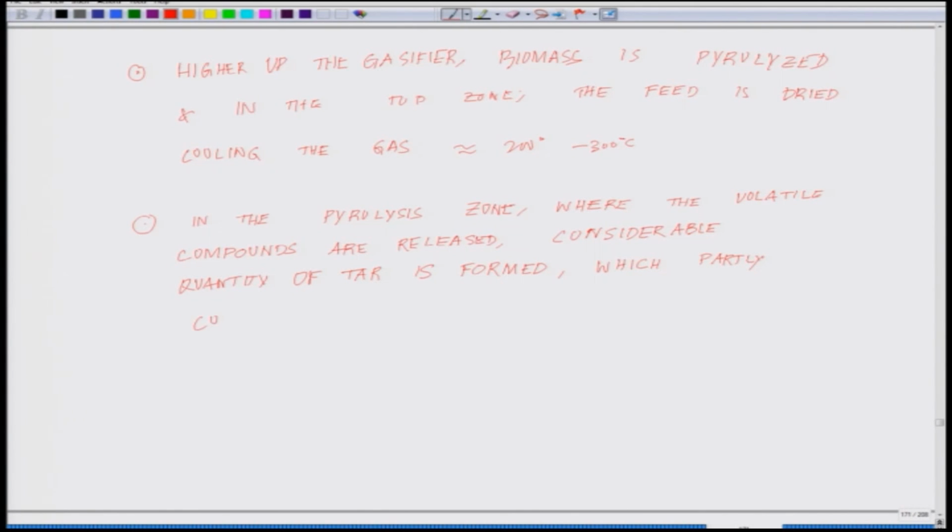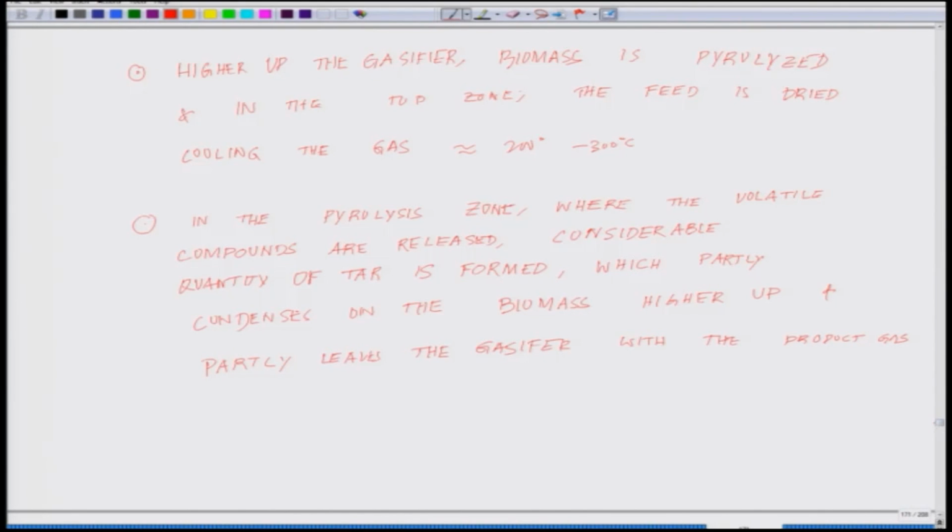What does that mean? Partly it condenses on the biomass higher up, and partly it leaves the gasifier with the product gas. So, this is very simple.